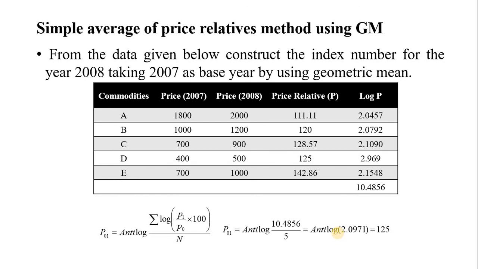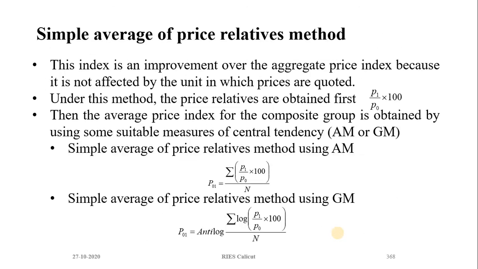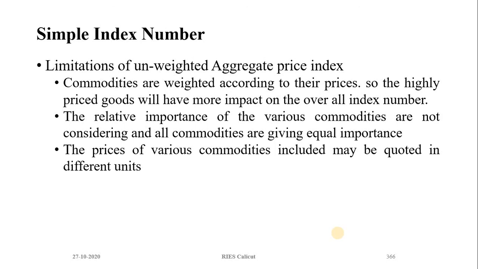So in all these discussed methods, we have not considered the weights associated with these commodities. That means how much of the commodity you have purchased, that we have not considered. We have only considered the prices, without considering how much, or the relative importance of these commodities in the consumer basket.